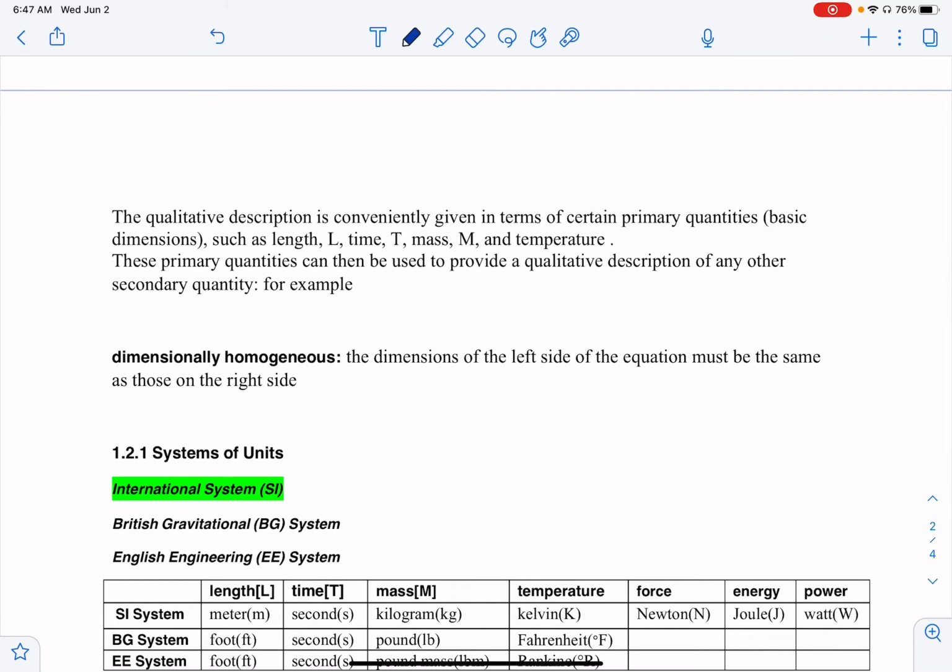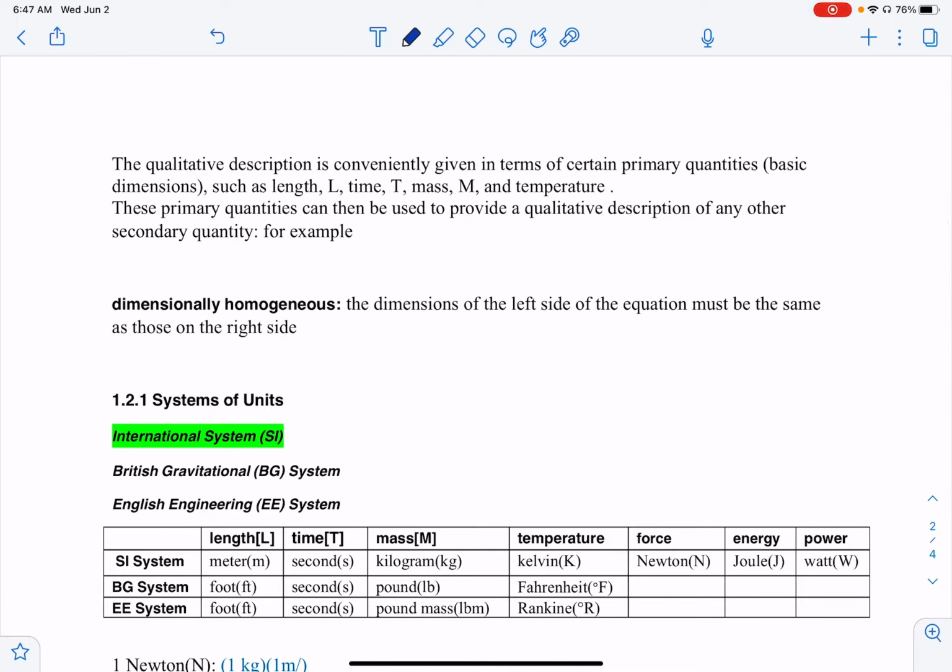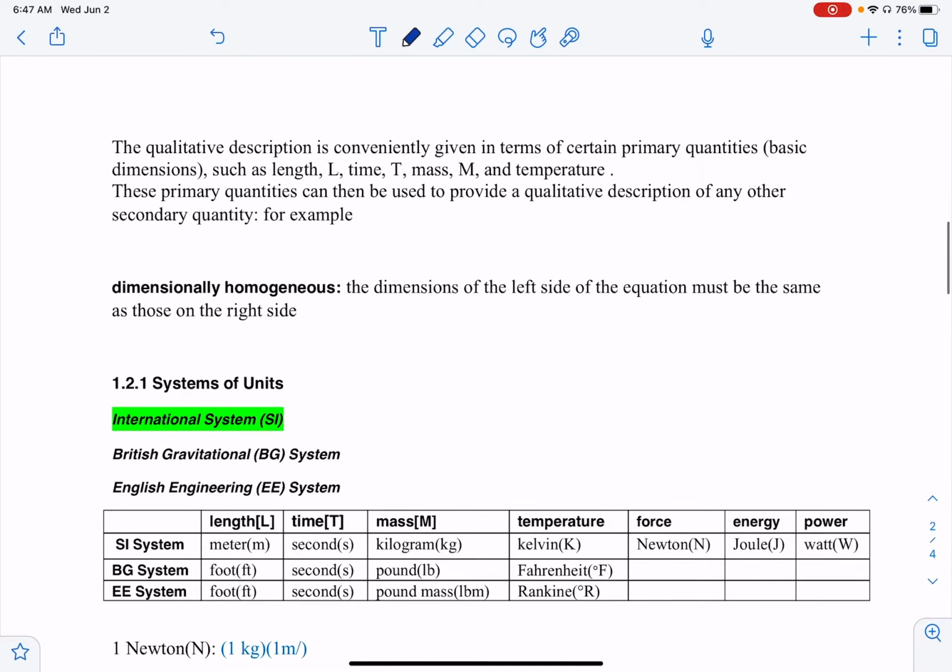We have what we call primary quantities, because the secondary quantities are created by using these primary quantities.